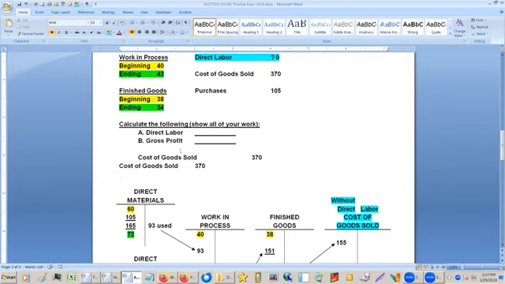Cost of goods sold without direct labor equals 155.